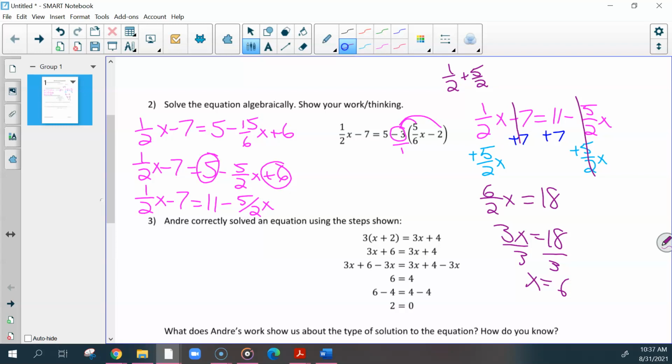But again, when you're multiplying fractions, do you need a common denominator in this case? Yes or no? You have to get a common denominator when you're multiplying. No. No, you do not.